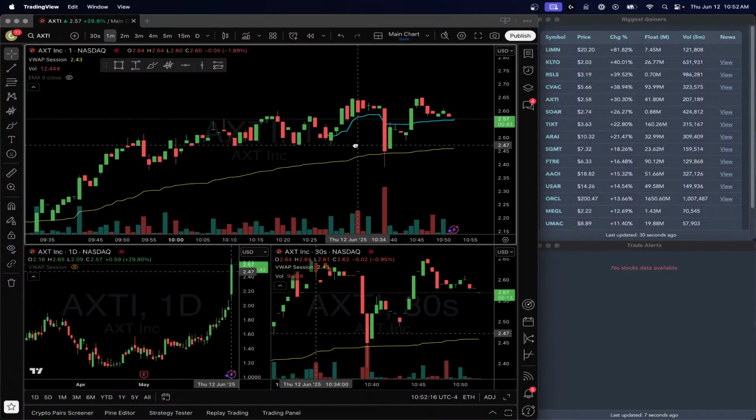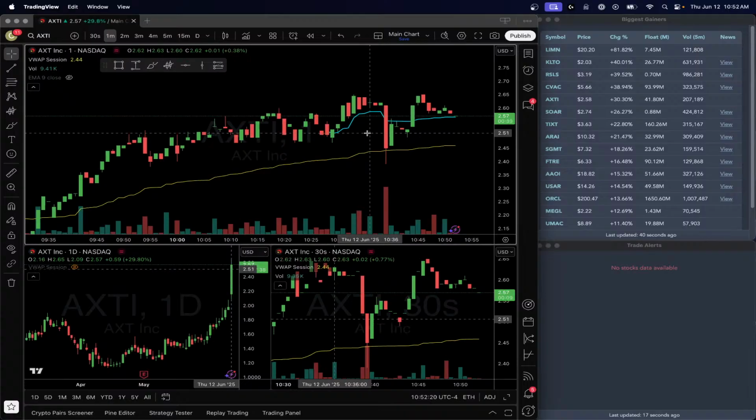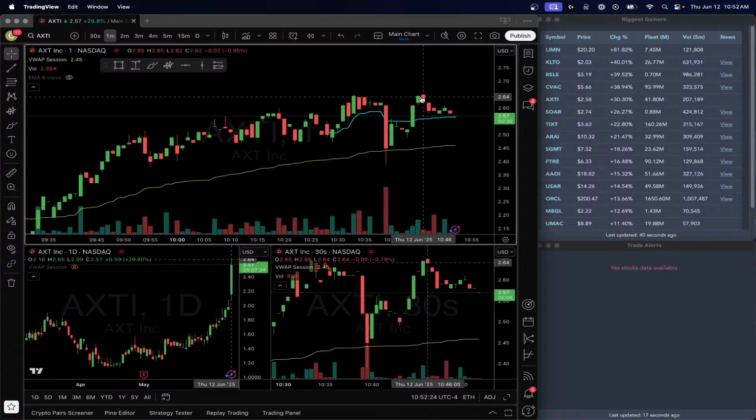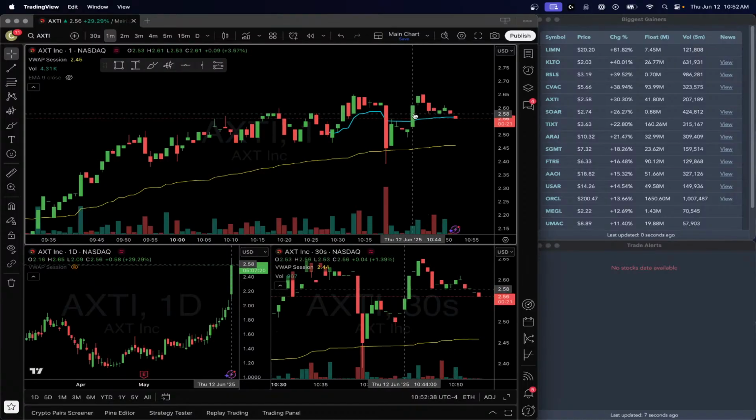So a 20-period VWAP that I wrote in the code to get the volume weighted average price when we have a run up and we have a pullback. And as long as these 2 bars right here are closing above this 20-period anchored VWAP, we should get in.